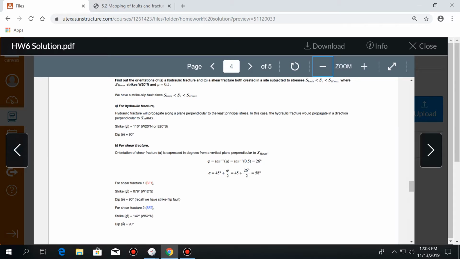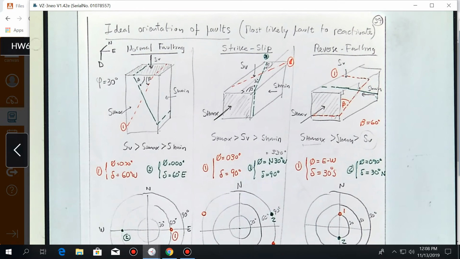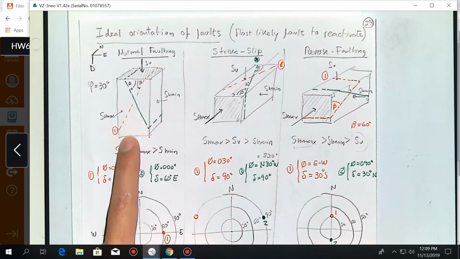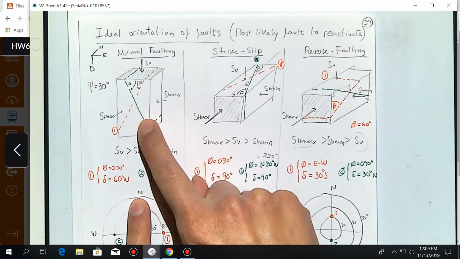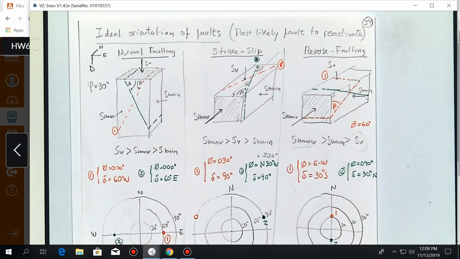And that comes back to this plot over here, in which we have ideal orientations of shear fractures, and I didn't draw it in here, but also for what would be a hydraulic fracture.